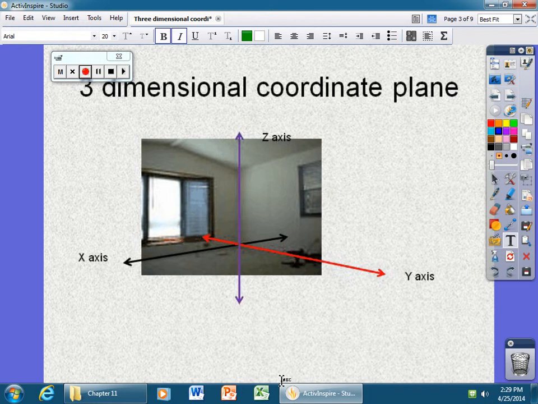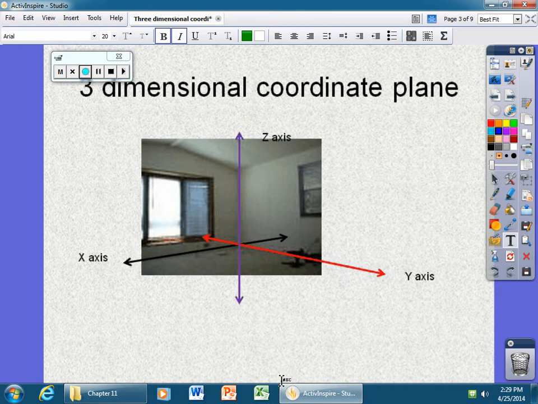What we've been working on so far has been a two-dimensional coordinate plane where you just have x and y. Well, our world is a three-dimensional world, so there is a three-dimensional coordinate plane. And if you notice the picture here, you have your x and y axis, which is your flat surface, and then your z-axis is your height.